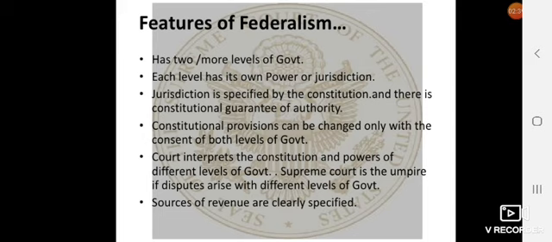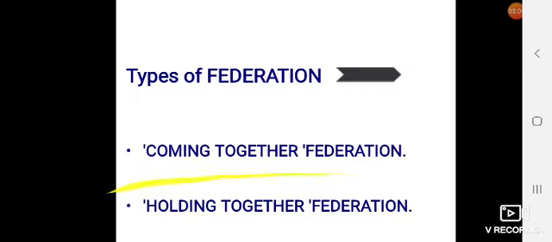So if there is any kind of dispute between the central and the state government in power sharing, at that time the Supreme Court will settle these kinds of disputes. Sources of revenue are clearly specified. So in federalism, the sources of revenue for central as well as state levels of government are clearly specified.